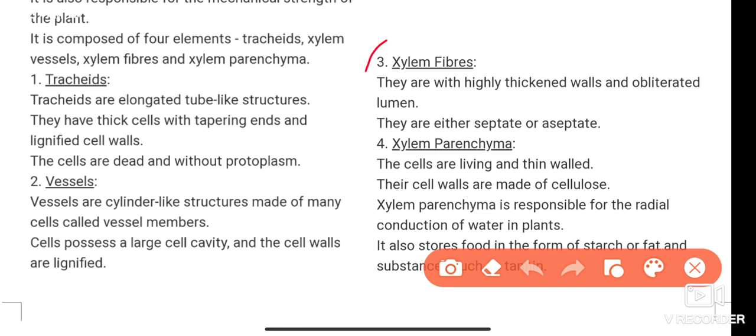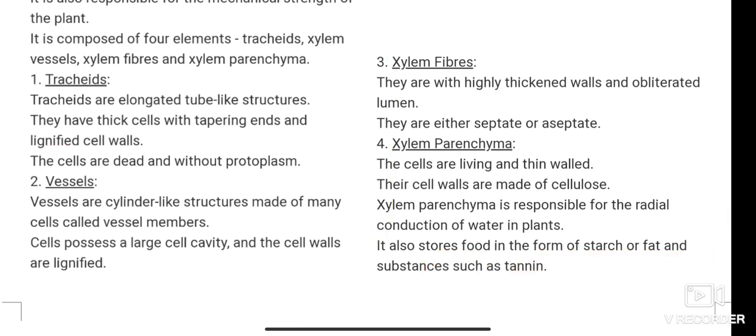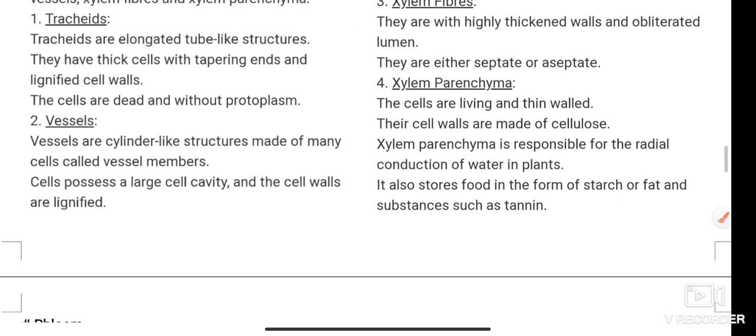Elongated means narrow at the ending. Their cell walls are made up of lignin, and the cells are dead and without protoplasm. So tracheids of xylem are dead and have no protoplasm in them.